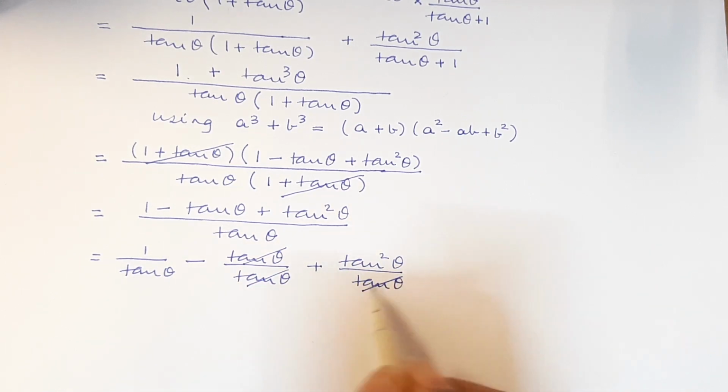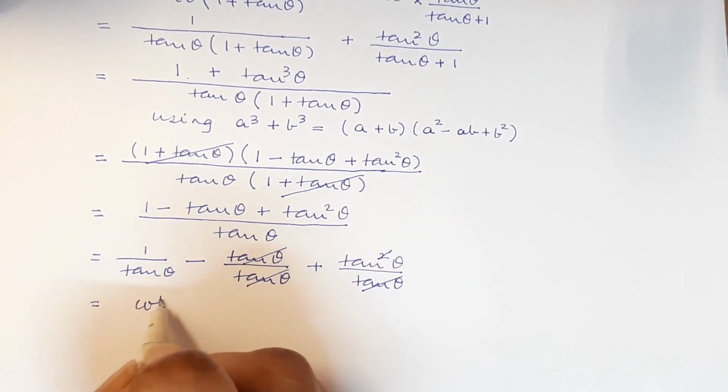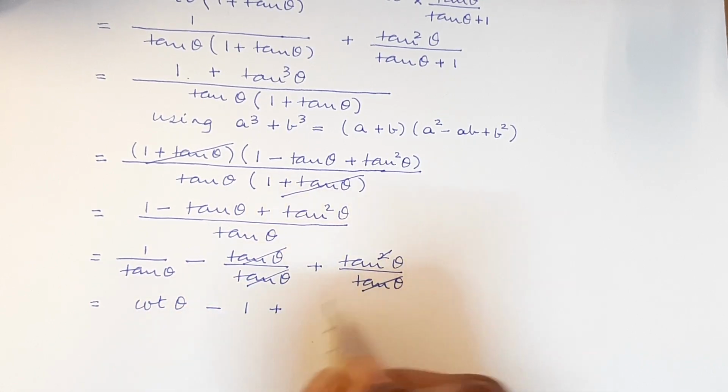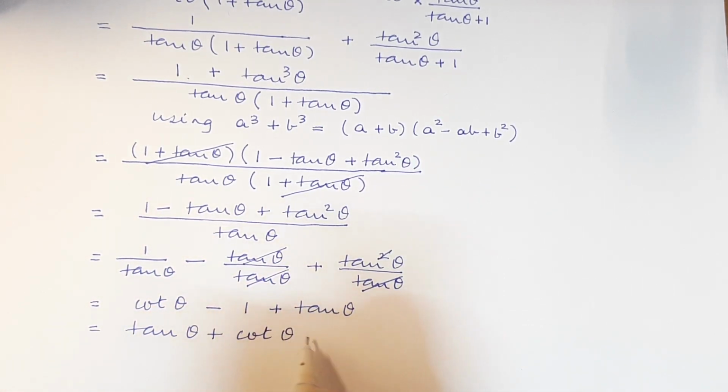Yes. This tan theta will cancel with 1 of the tan theta because this is tan theta into tan theta. And so, we will have 1 upon tan theta, which is cot theta, minus 1 plus tan theta is remaining here. And so, we write it as tan theta plus cot theta minus 1, which is our RHS, and we will say hence proved.